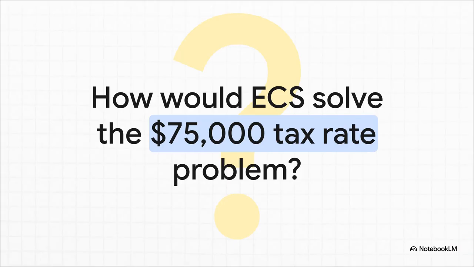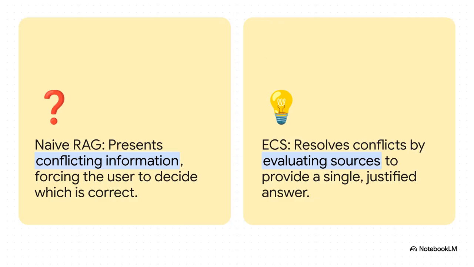So, let's circle back. We're faced with our original headache, two conflicting tax rates for a $75,000 income. How does an ECS system tackle this differently? Okay, this slide gets right to the heart of it, where the naive RAG just throws the problem at you. Here's 25% and 23%. Good luck. The ECS system is designed to actually resolve that conflict and give you a single, justified, trustworthy answer.